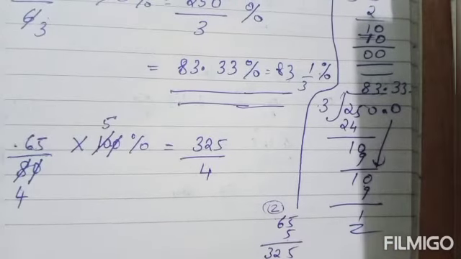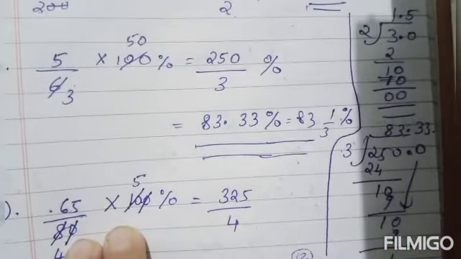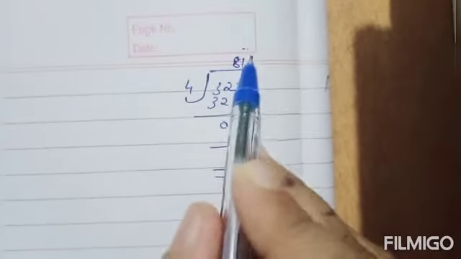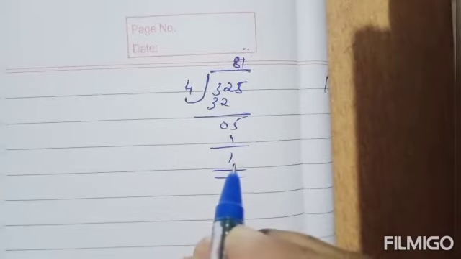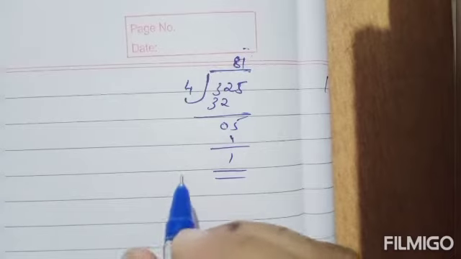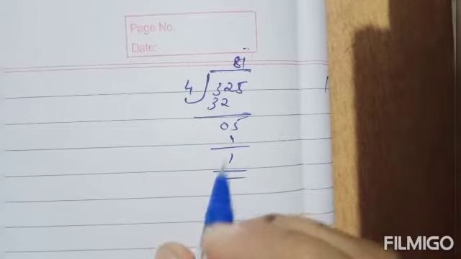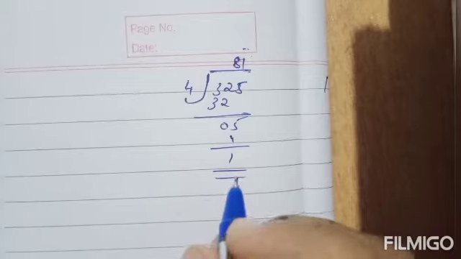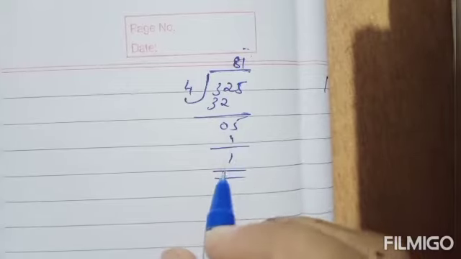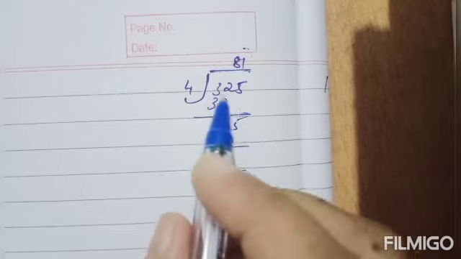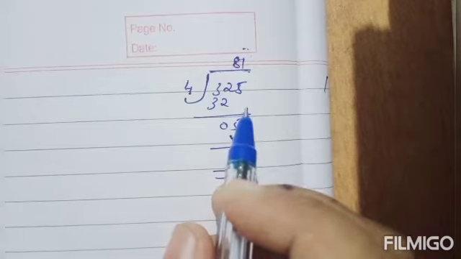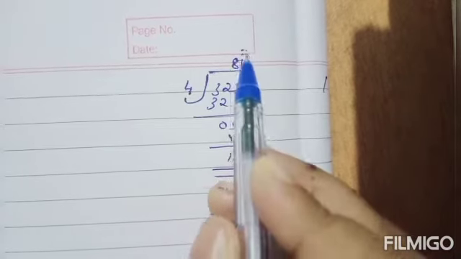Now dividing 325 by 4, you will get 81 as quotient and 1 as remainder. In this also we will not get the remainder 0. If you put a decimal point and continue division, then also we will not get the remainder 0. So let's write this in mixed fraction form. 325 by 4 on converting to mixed fraction, what will you get?